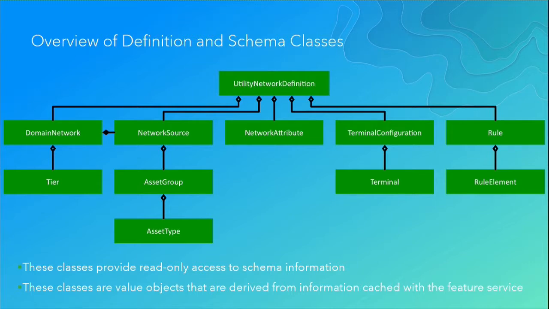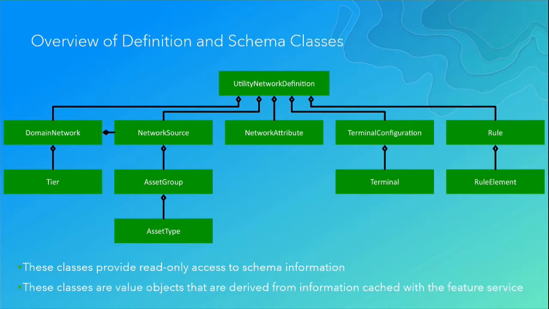Utility network definition also includes a list of all your network attributes. These are database attributes that are added into the network topology for fast traversal and access. And then we have terminal configurations and terminals, of course, rules and rule elements. I could go through and list out all the methods and properties on each of these objects, but frankly it isn't very interesting and it would take the rest of our time.